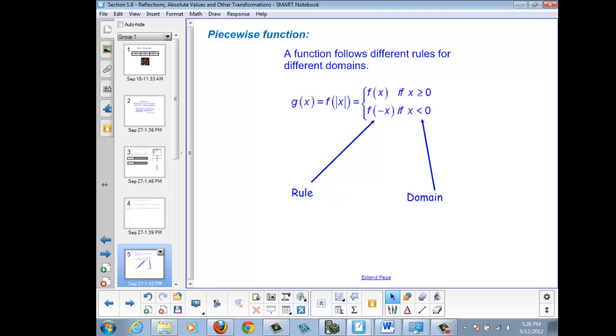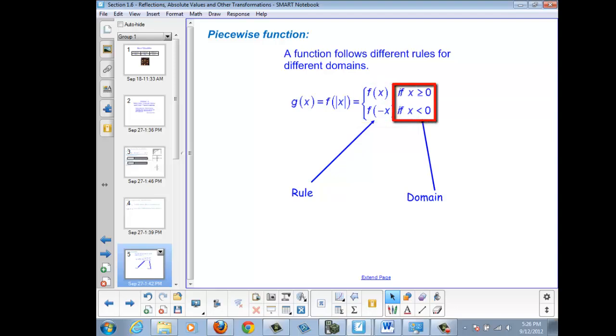So if x were negative 3, we would replace it with the negative of negative 3, or positive 3. And that would be true for all values of x less than 0. So we start by expressing the rule, and we follow that with the domain where that rule would apply.